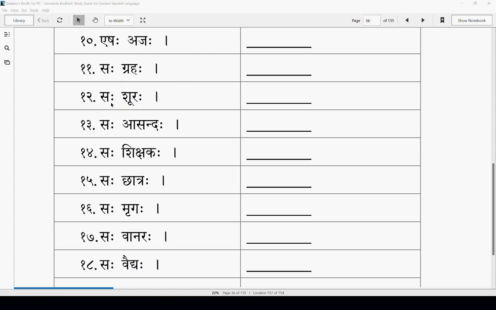Right? If somebody is tall, what is the word for tall? Tall? Unnataha. So here we can say Saha Unnataha Balakaha.